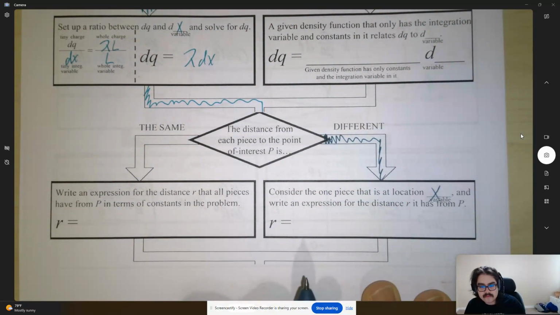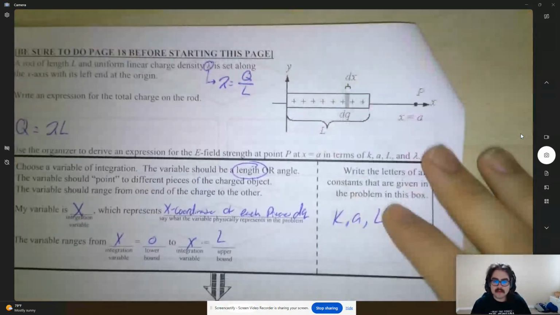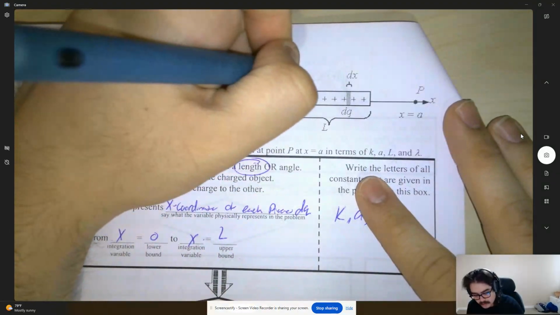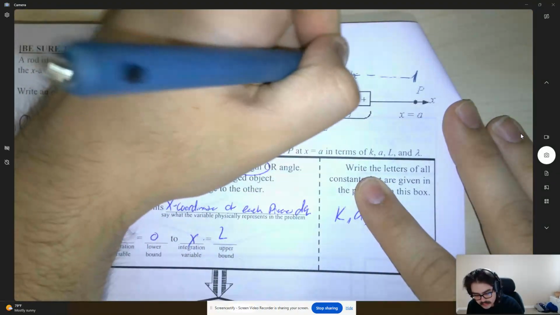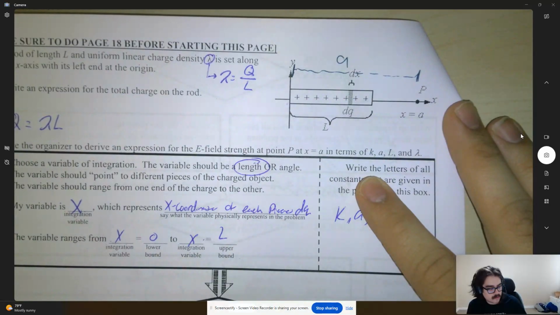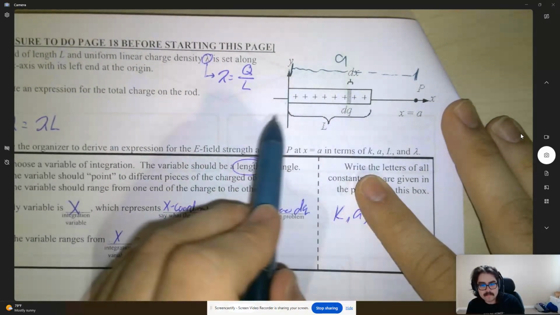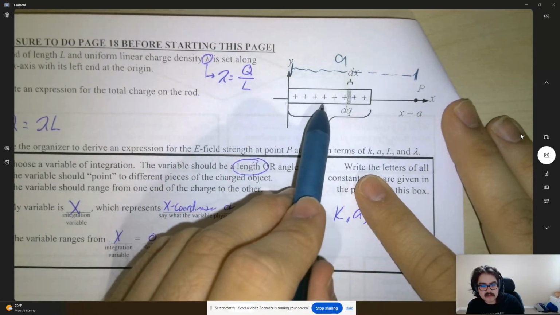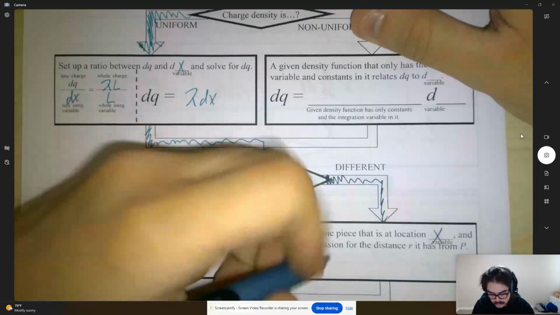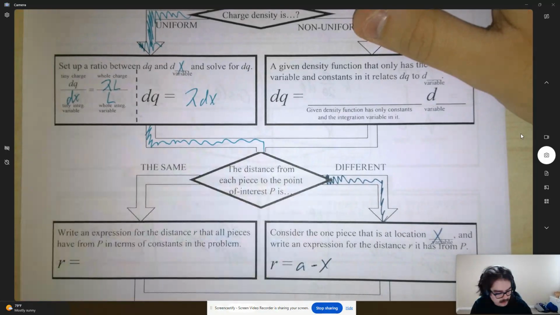Write an expression for the distance r it has from P. Well, if I look back up at the problem, this whole thing is a distance A. So why don't I just take A minus the x coordinate of the piece, wherever I am along the rod. So that's just going to be A minus x.